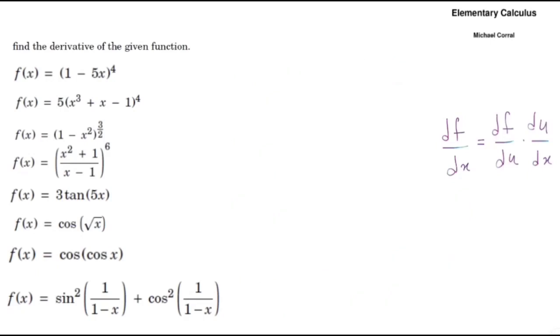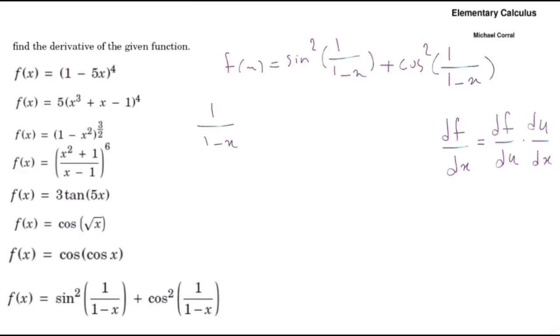And the last function is f(x) equals sine squared of 1 over (1 minus x) plus cosine squared of 1 over (1 minus x). So firstly we consider 1 over (1 minus x) as u.